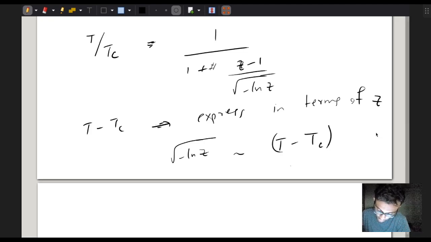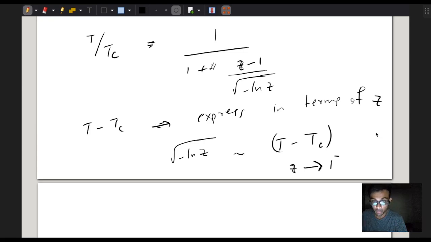So this is near z equal to 1. So as z goes to 1, this is how the fugacity depends on the difference of temperature from the critical point.